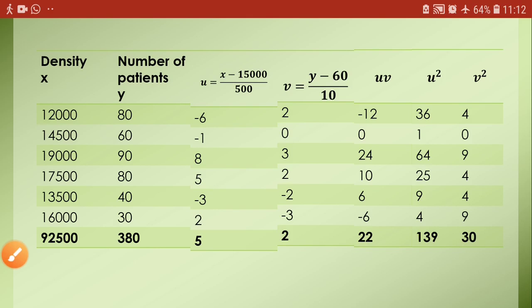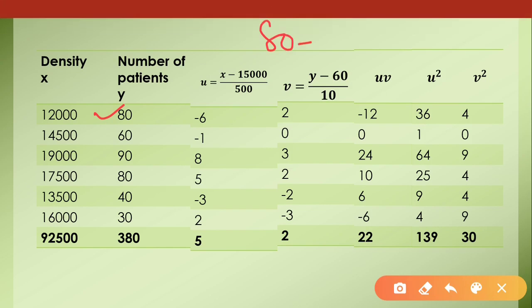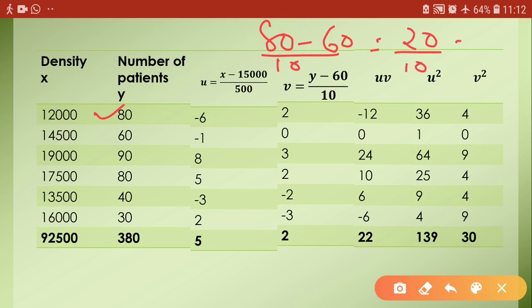Then v. v is equal to y minus 60 upon 10. Let's take the first example, 80. 80 minus 60 upon 10, it's 20 upon 10, it's 2.